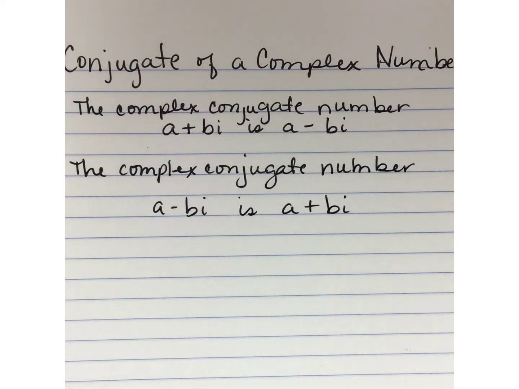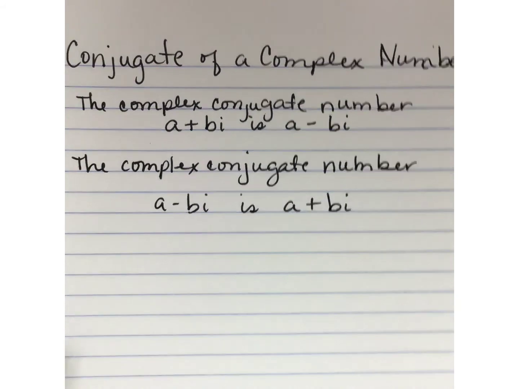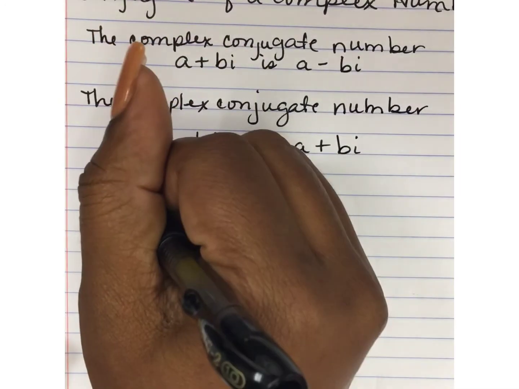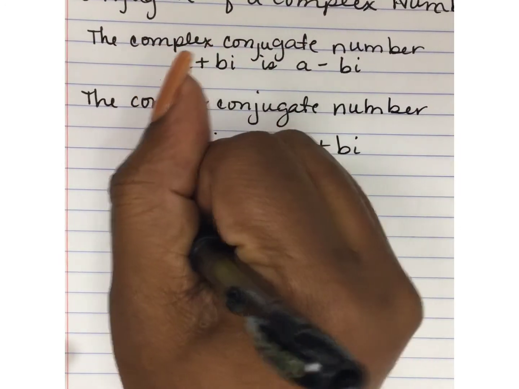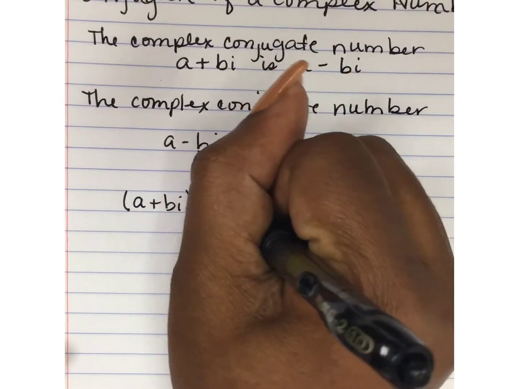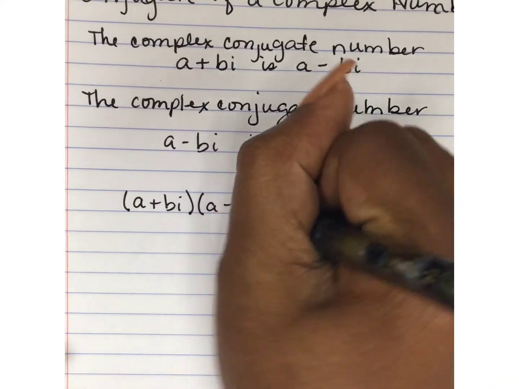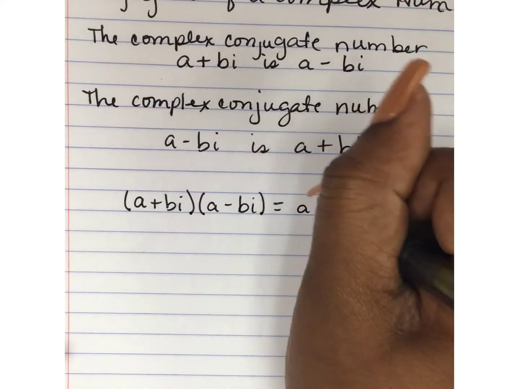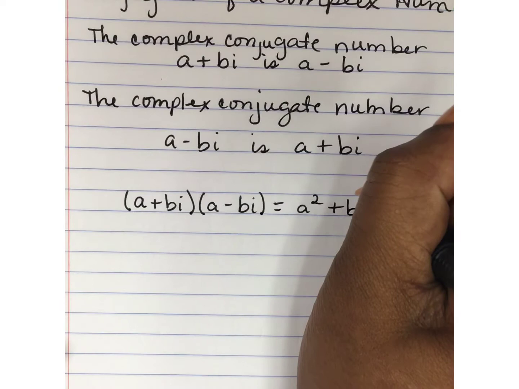Now, whenever you take a complex conjugate and multiply them together, say a plus bi times a minus bi, we get a squared plus b squared.